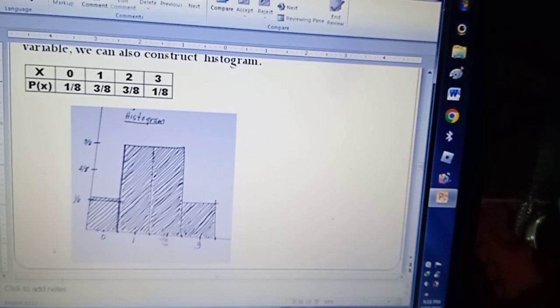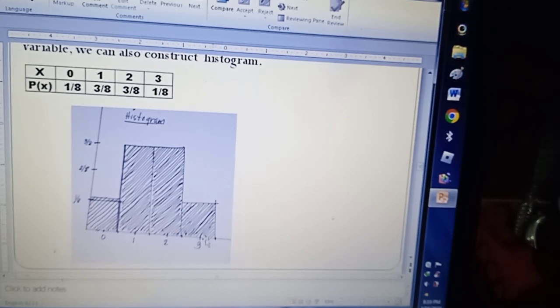The same way here, from 2 to 3 you write a line in between, and since 2 heads come out in 3 outcomes, go to 3/8 as probability, so you just shade.